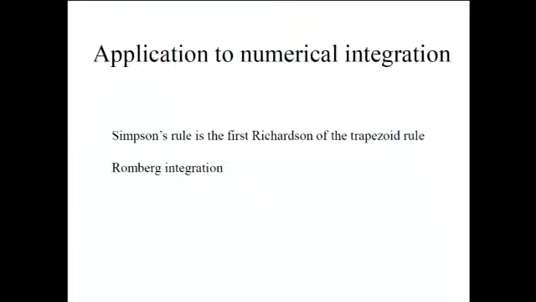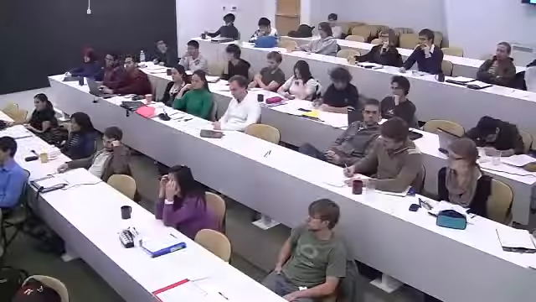If you know how to do numerical integration of a function, one kind of numerical integration is called Simpson's rule. And Simpson's rule is the first Richardson of the trapezoid rule. If this means something to you, if you have learned a little bit of numerical analysis, if you do Romberg integration. Do any of you know Romberg integration? It's a very, very clever integration technique.